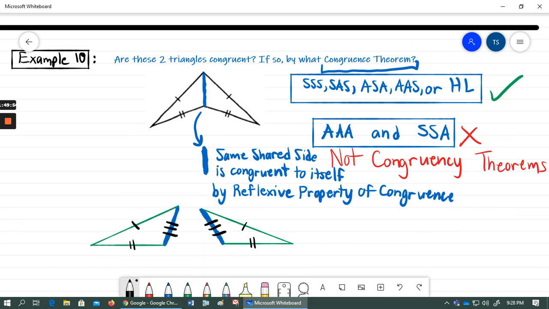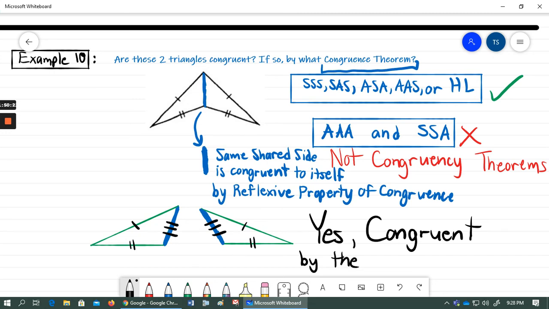They are definitely congruent, and they're congruent by the side-side-side congruence theorem, the SSS congruence theorem. And folks, that right there is where we're going to be calling it quits.